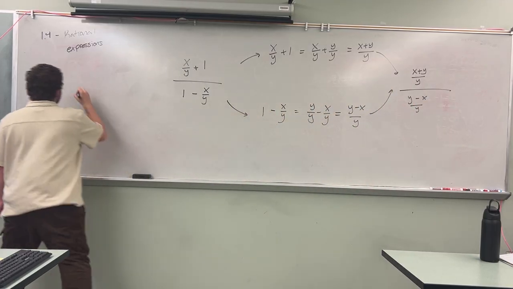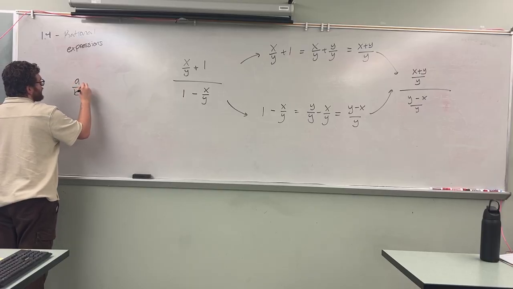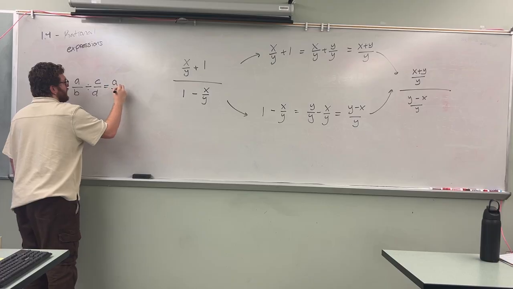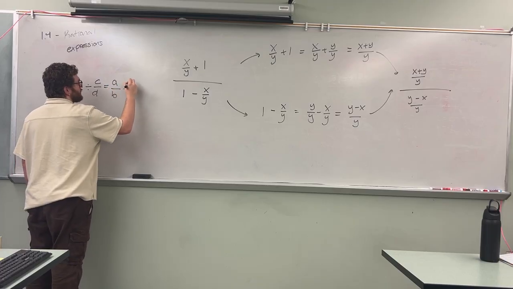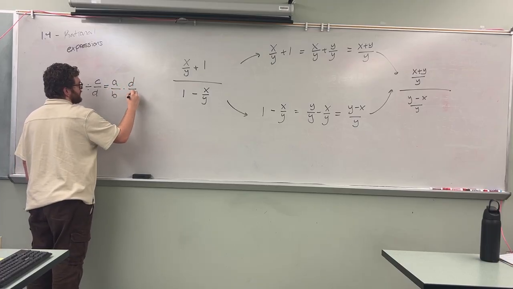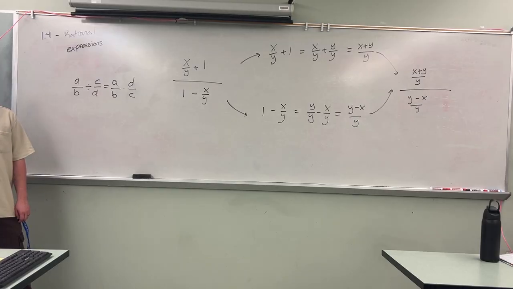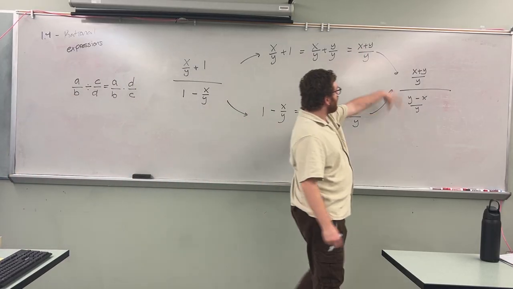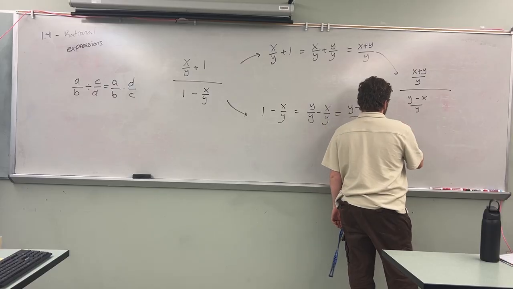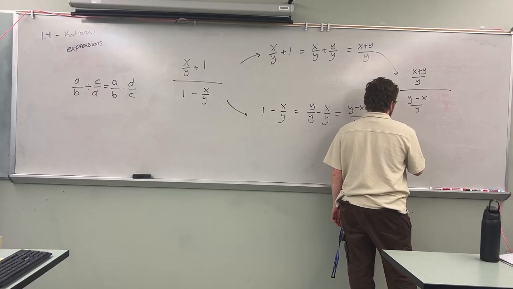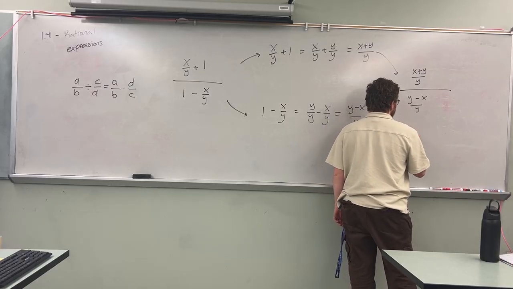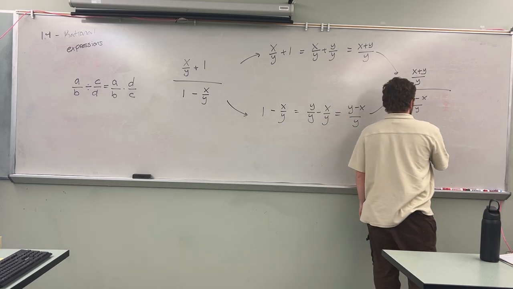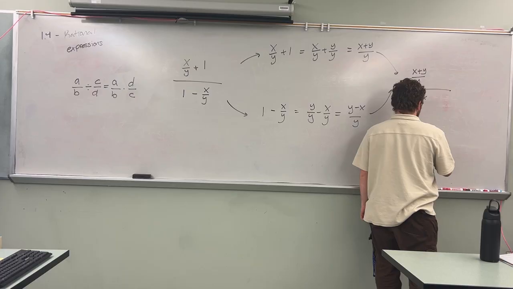Remember when I do division of fractions, a over b divided by c over d is the same thing as a over b times flipping that second fraction, d over c. So I can instead rewrite all of this as x plus y over y times the reciprocal of this fraction, y over y minus x.